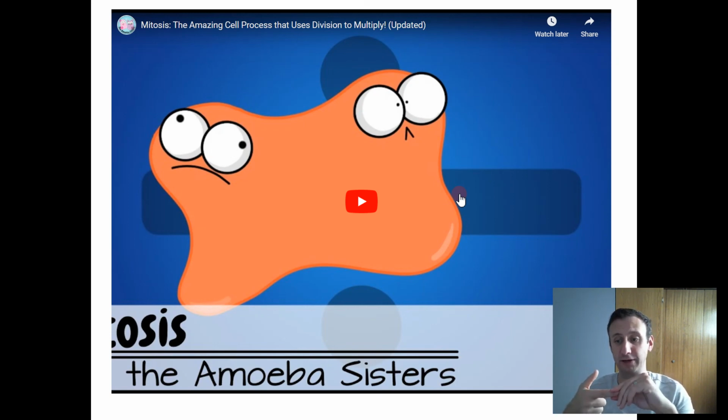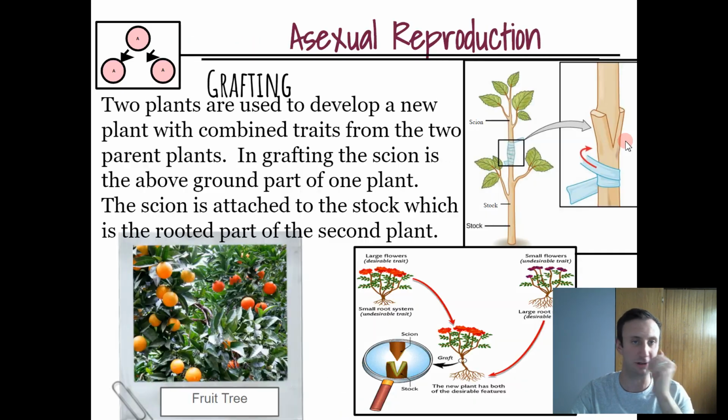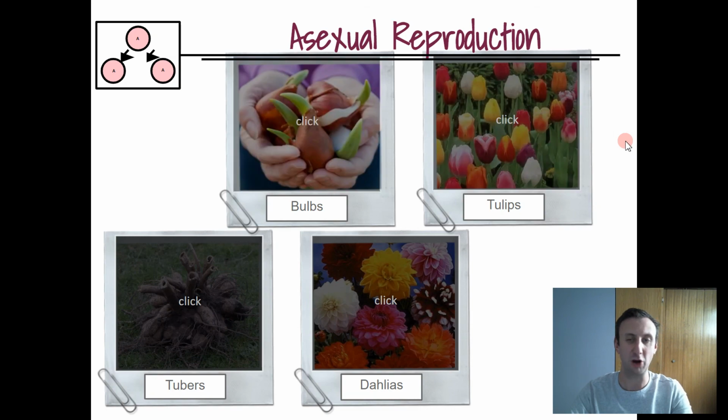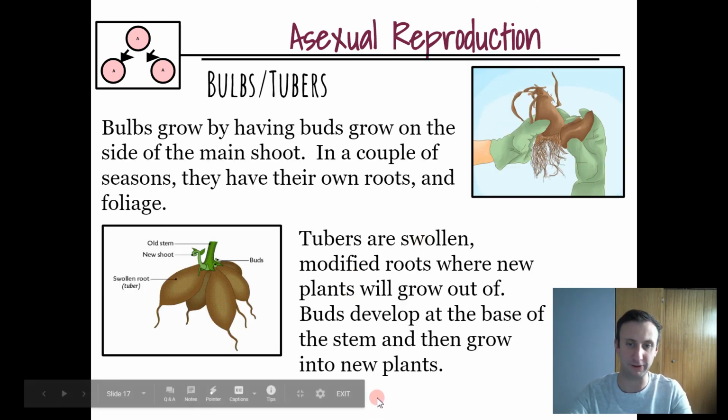In vegetative reproduction, you learned about cuttings, runners, grafting, and something else. Blanking. Well, now I've got to go back and find it because I just can't remember. See? This is it: bulbs and tubers. Bulbs and tubers. Okay, so those are your different types.